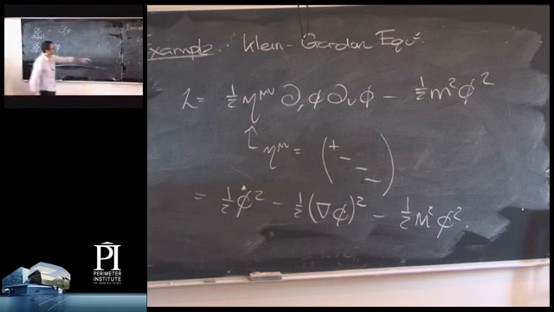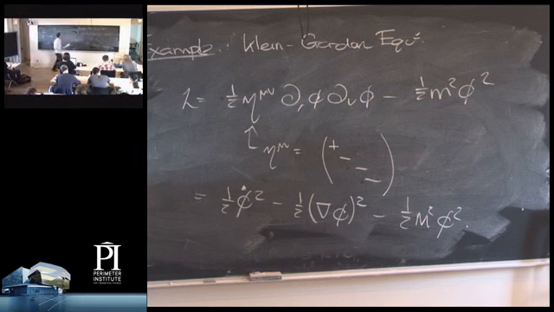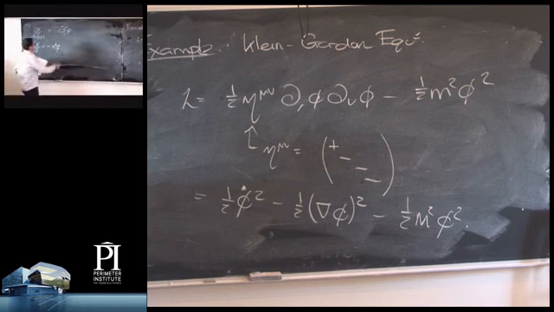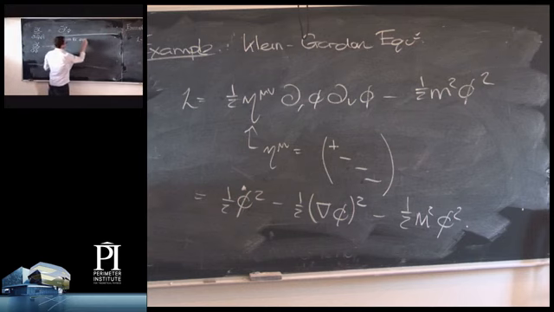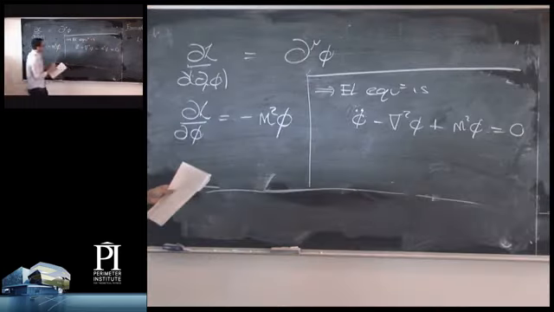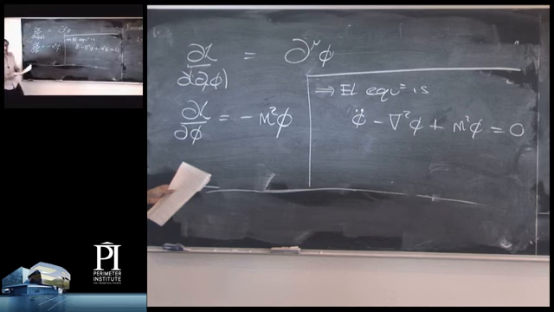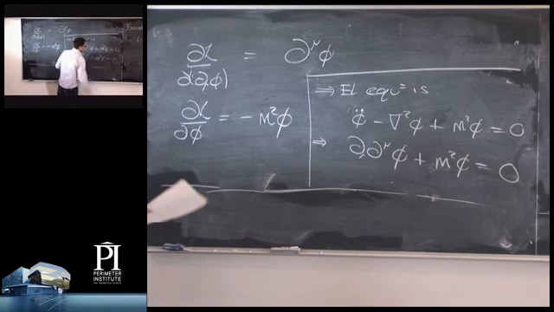You just have to differentiate this, and if you were to plug this into the Euler-Lagrange equations, you'll find this, which is the same thing as this. So this is what's called the Klein-Gordon equation.